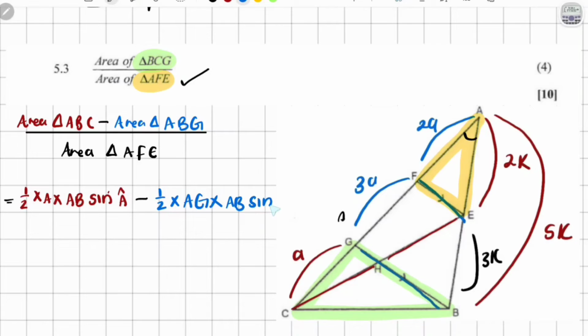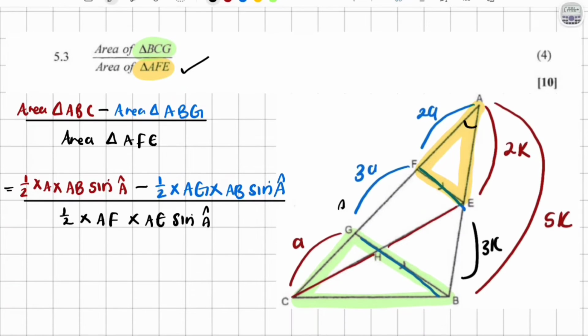Then I have to say sine of angle A. I'm using angle A as the middle angle. Then I'm going to put that over the area of triangle AFE. That's going to be a half multiplied by AF multiplied by AE, and then sine of the middle angle again, which is angle A. So you see they're all in terms of sine of angle A, which is great because it can eventually cancel out.